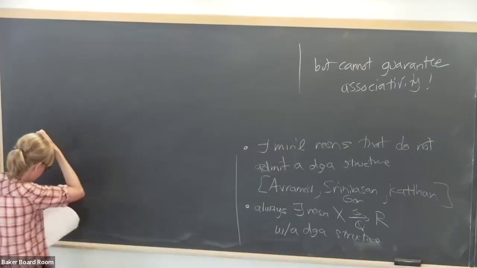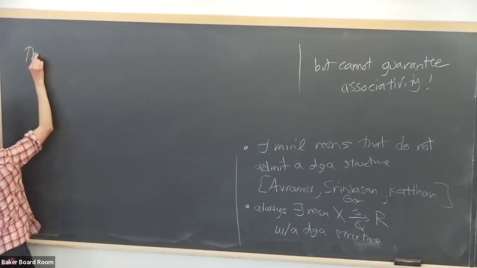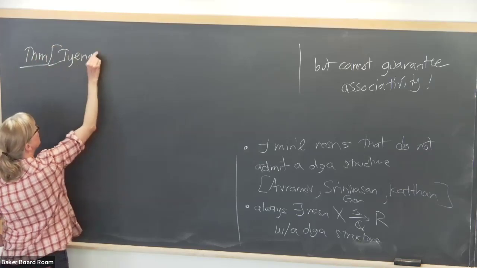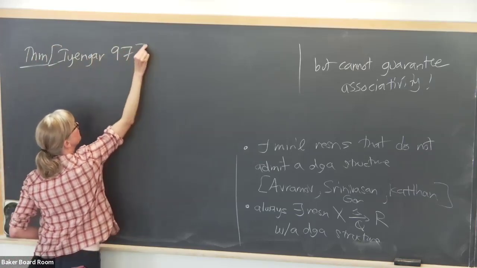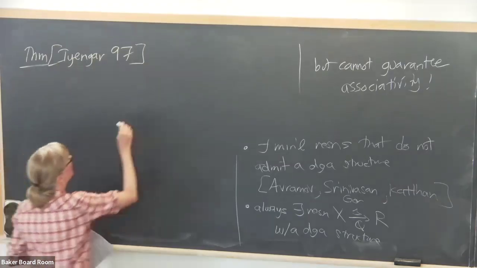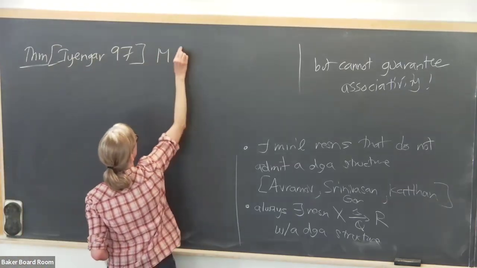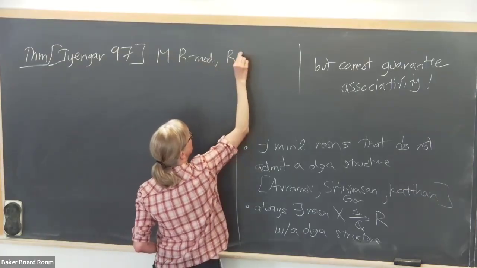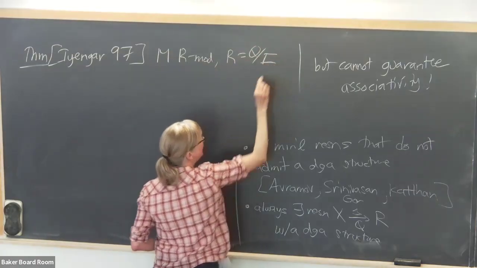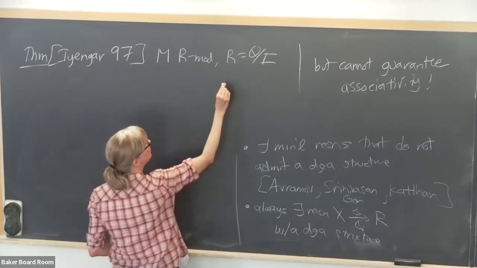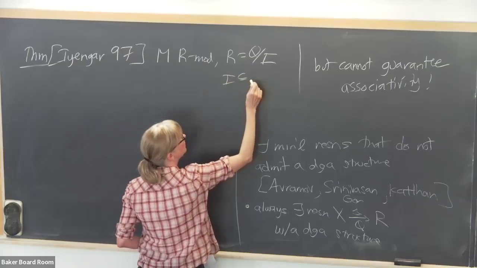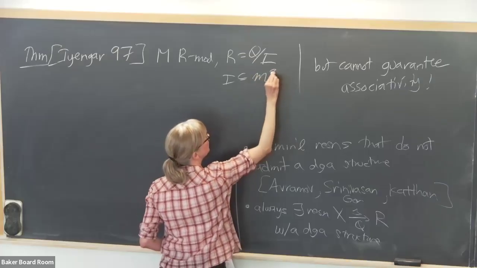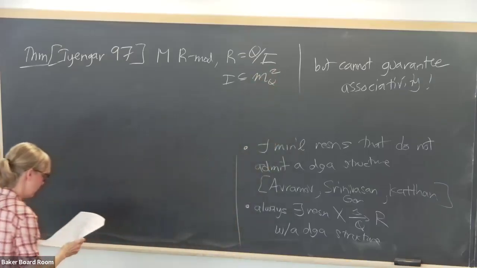All right, so theorem, Iyengar, this was one of his first results. Again, let M be an R-module, and R is like Q mod I. Q doesn't have to be regular for this part of the talk.